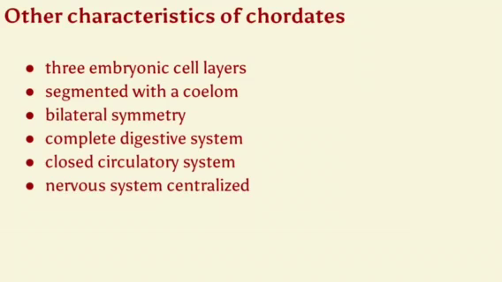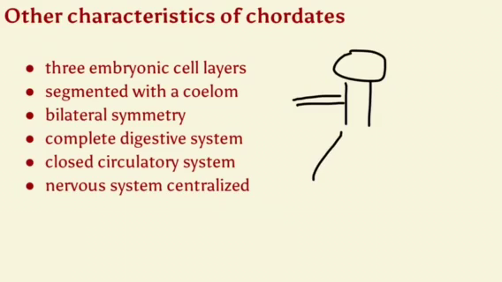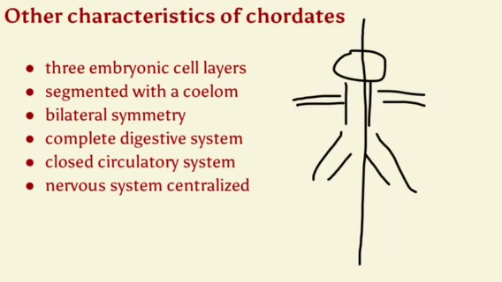All right, lastly, these are just some other characteristics of chordates. Chordates have 3 embryonic cell layers. They also have a segmented body with a true coelom. They have bilateral symmetry, meaning you can split them in half and you would have the same symmetry on either side.